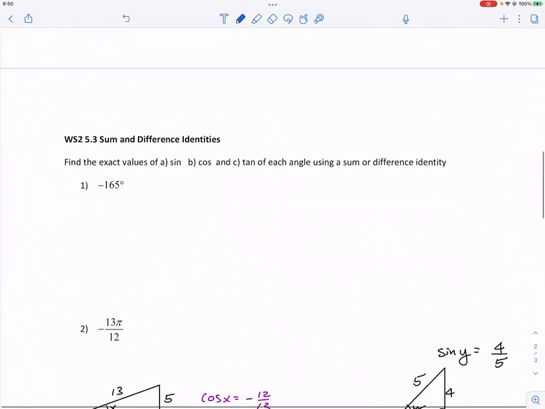I would tell you that these two questions, question 1 and question 2, are very similar to the quiz questions. We give you two angles, one in degrees and the other in radians, and you find either the sum or difference of these two angles.